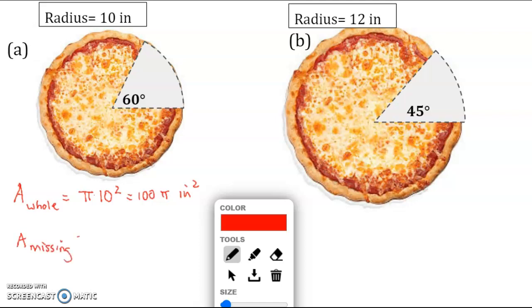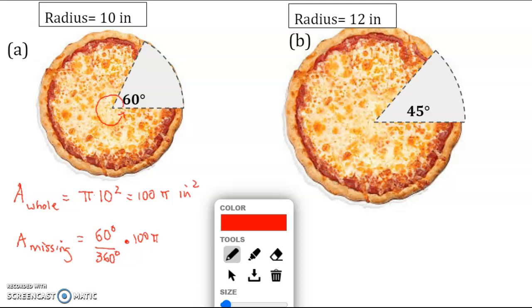Okay, so then what is the area of the missing piece? We're really dealing with just a portion of the whole. And we're told that we have 60 degrees. And what is the whole revolution? That's 360 degrees. So we have 60 degrees out of a possible 360 degrees of pizza, and I know that the whole pizza will be 100 pi inches squared.